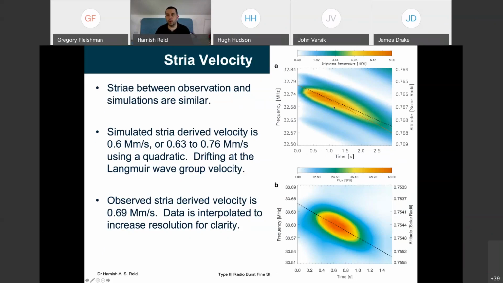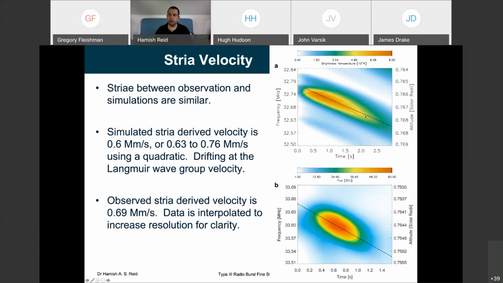What's actually causing this striae drift rate is that the Langmuir waves are being generated at a region in space that's very favorable to producing Langmuir waves, and then this large clump of Langmuir waves propagates through space at the group velocity, causing this drift rate in the striae. And we can see from an observed type 3 striae that the velocities are very similar indeed.